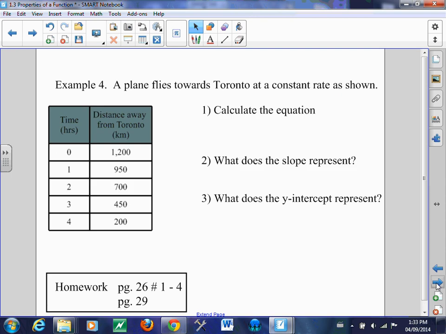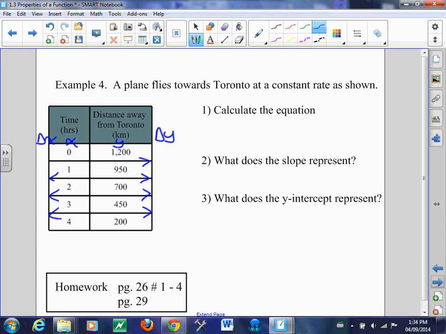Example 4. A plane flies towards Toronto at a constant rate as shown. You've got a table of values here. Calculate the equation. First of all, whenever you're given a table of values, in order to assess it, we've got to make sure that it's linear, so we know what equation to do. So we'll do the first differences. We'll let this be y, and we'll let this be x, and we'll do change in x. Change in x is easy.